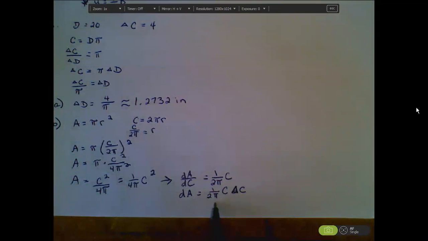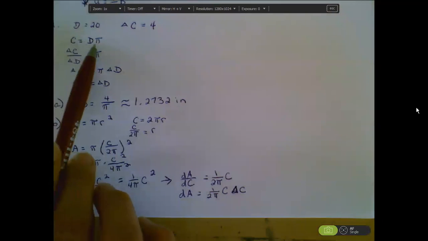Where am I going to get that? I know I'm going to put 4 in place of delta C. Plug 20 in place of the original equation for circumference.